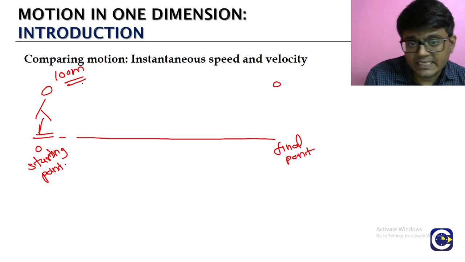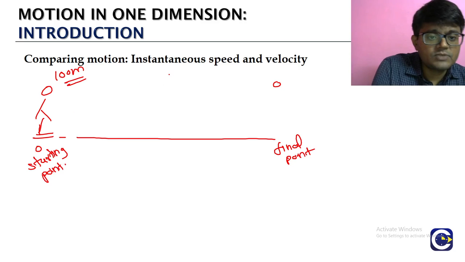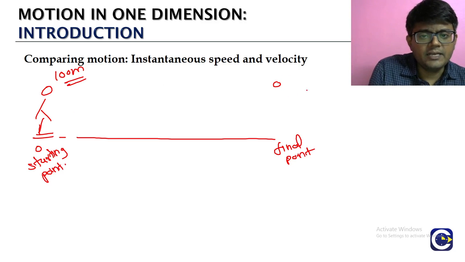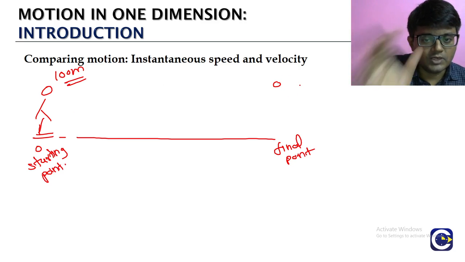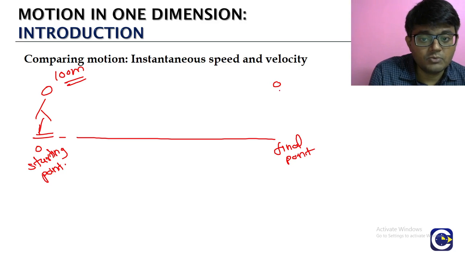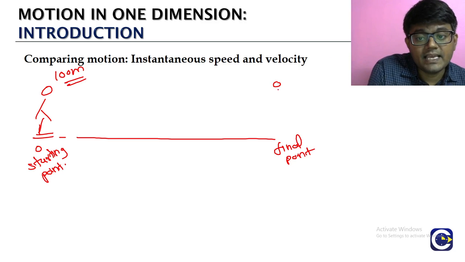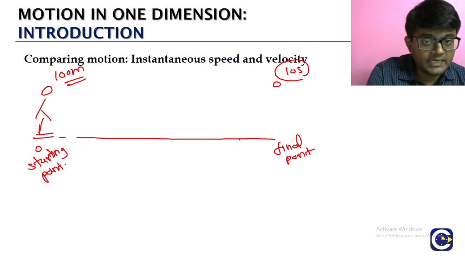Now to cover 100 meters, typically Usain Bolt will be taking, I think, 9.2 seconds or something like that. I'm not sure about the exact time he has taken, but for the sake of simplicity, because we want to just understand the concept, let us say he is taking 10 seconds to complete the entire journey. In fact, he's actually taking a lesser amount of time.